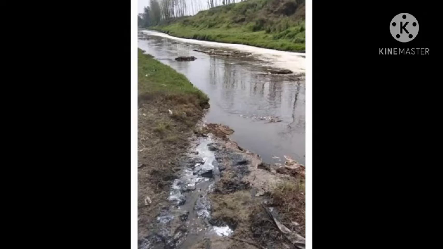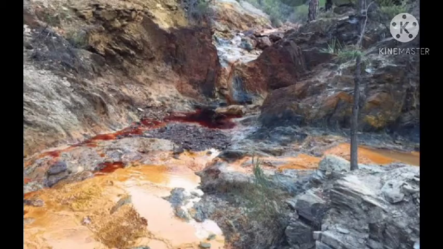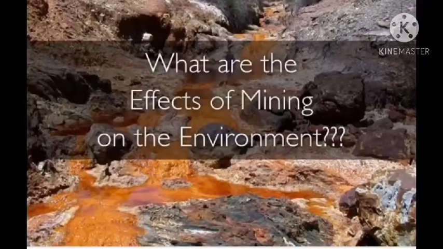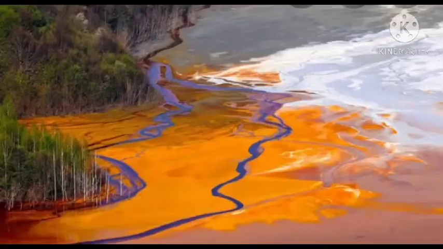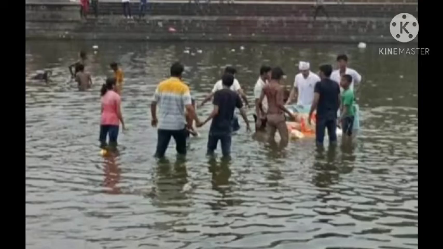Not only this, mining activities, that is taking minerals from the earth, digging the land and taking minerals, that is called mining. Mining activities are done near the rivers like Kali, Bhadra, etc. So these mining activities also cause pollution of rivers.